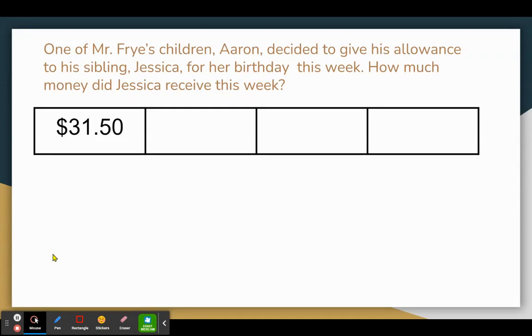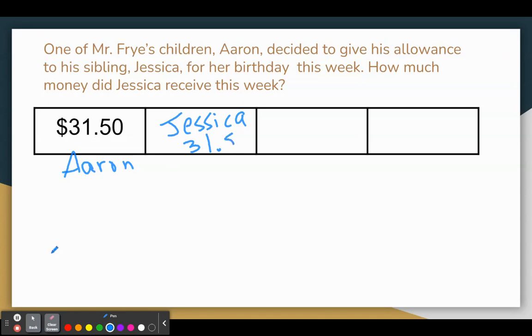So I know that each child got $31.50, right? So that meant Aaron got $31.50. Jessica got $31.50 from her dad. The next sibling got $31.50. And the next sibling got $31.50.